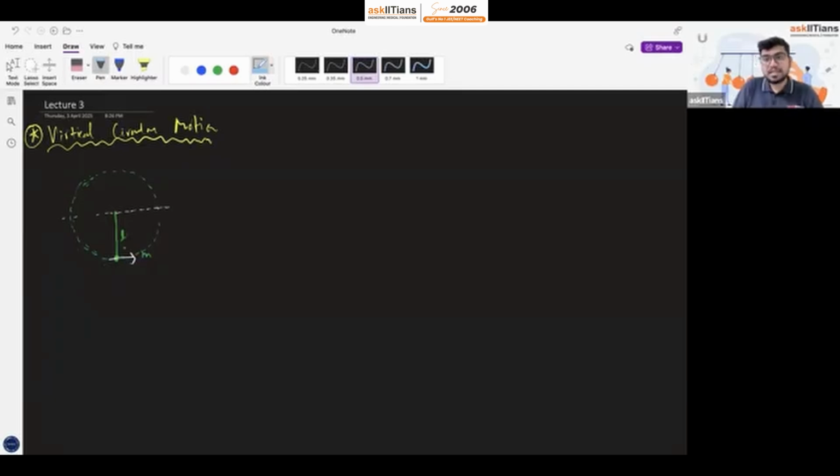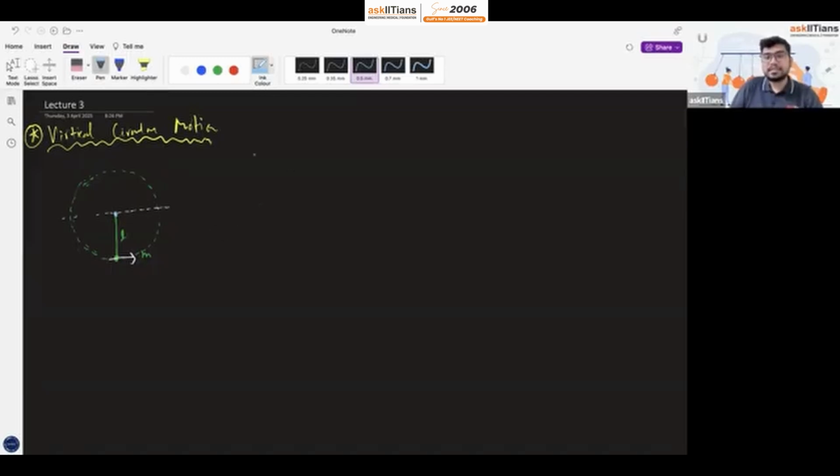Another case would be, if this particle has to leave the trajectory, then the necessary condition would be that the tension becomes zero while the velocity is non-zero. Which means for this object to continuously revolve about this center, it should have such a velocity, and be under such conditions, that the tension should not become zero.